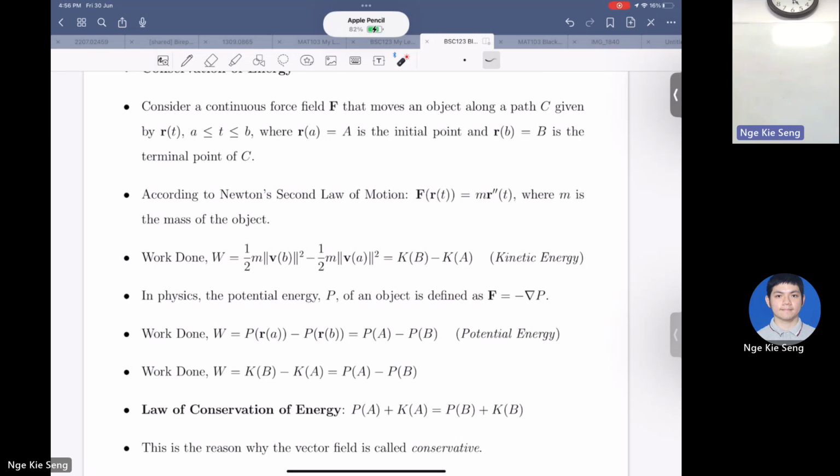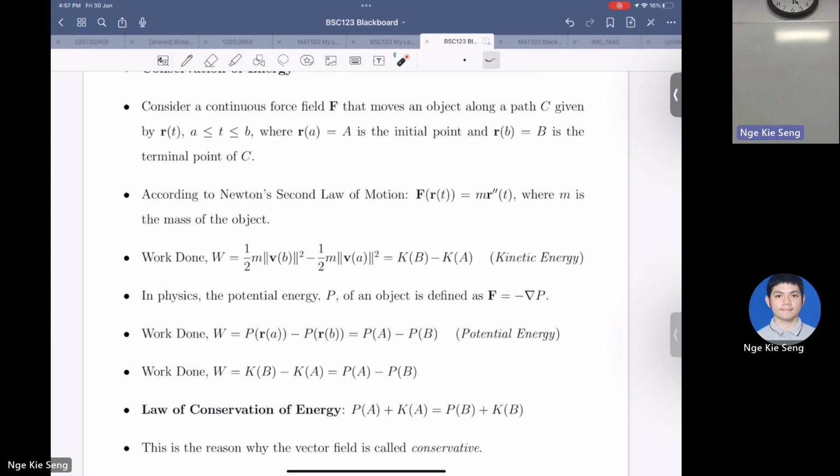So what does it mean? For example, you throw a ball. Start with a low potential energy. You throw it up, so your kinetic energy decrease until you stop. Turn to potential energy, but due to gravity, the potential energy become kinetic energy again, and then drop. But this energy have to be conserved.